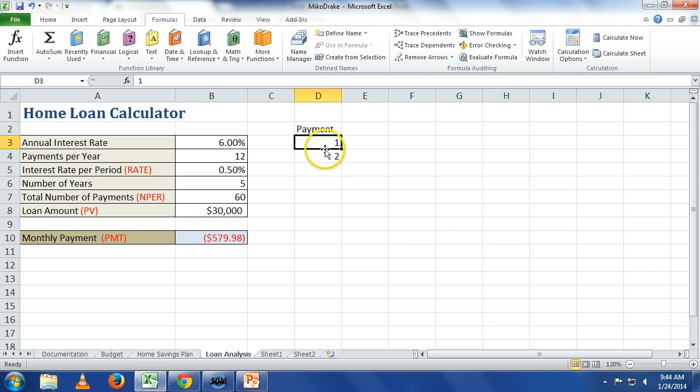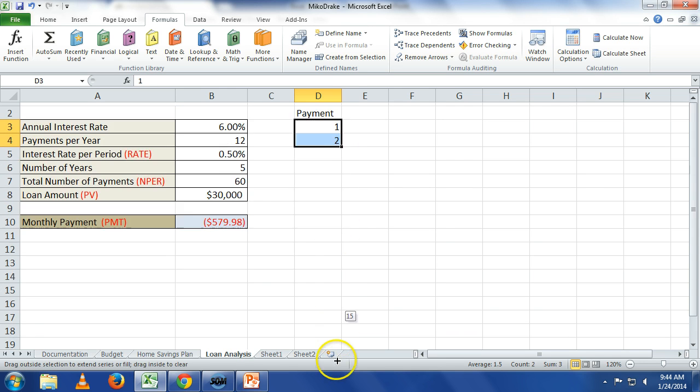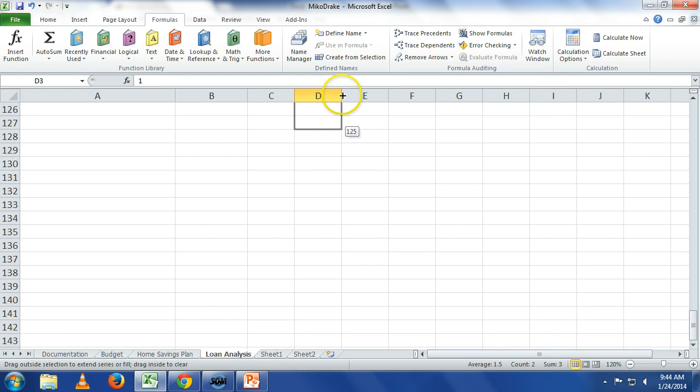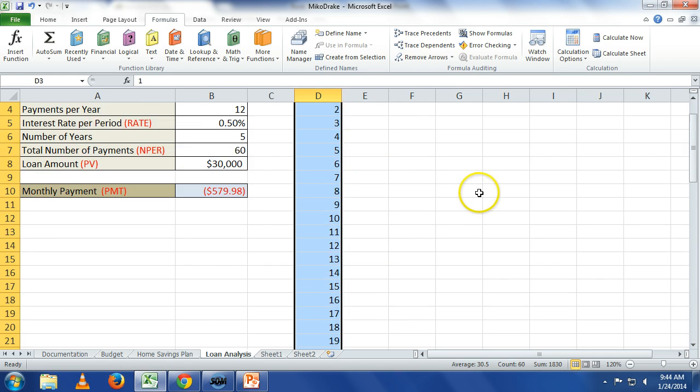Obviously, I'm not going to type in 1 through 60. I'm going to use my powers of autofill. Okay, put in 1 through 60.